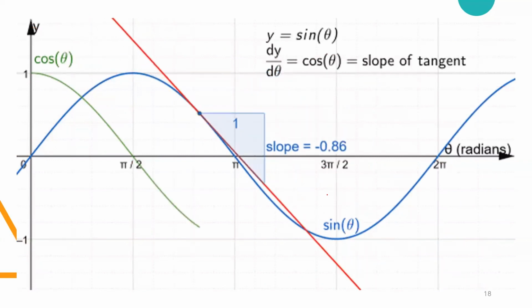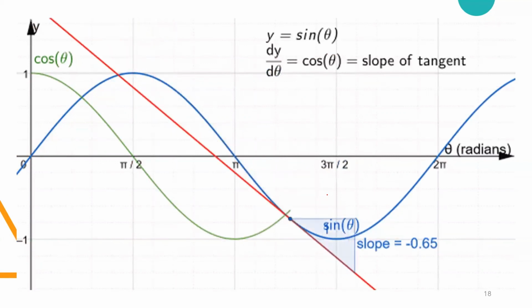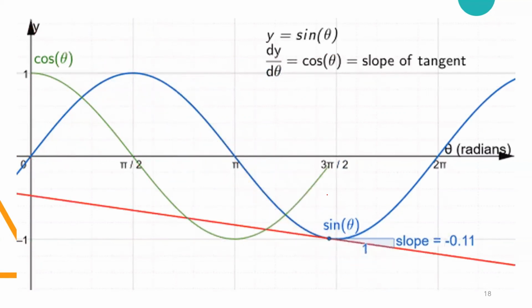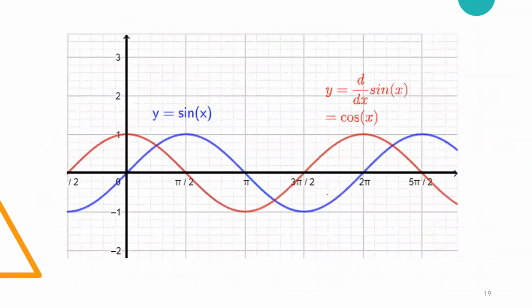So we know that a function has a maximum or minimum at a point where its derivative is 0. So we can observe that whenever sin x is maximum or minimum, cos x is 0 at all such points.